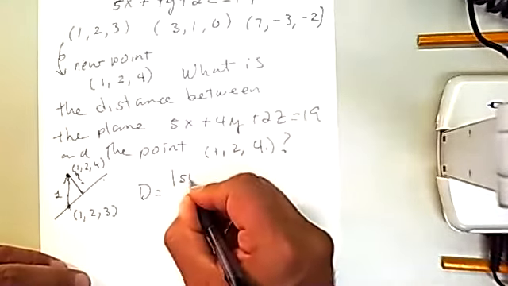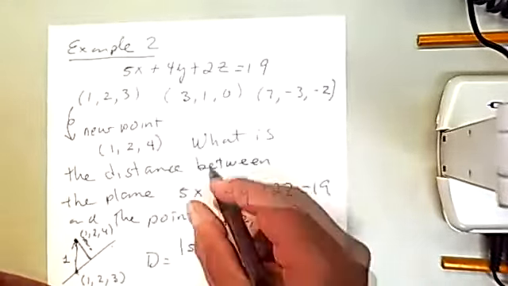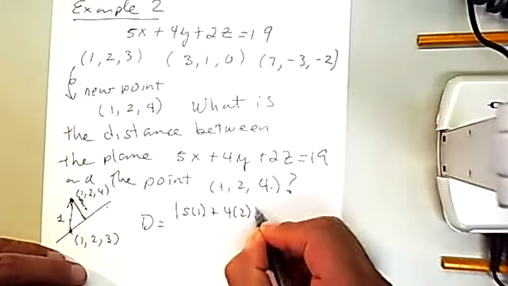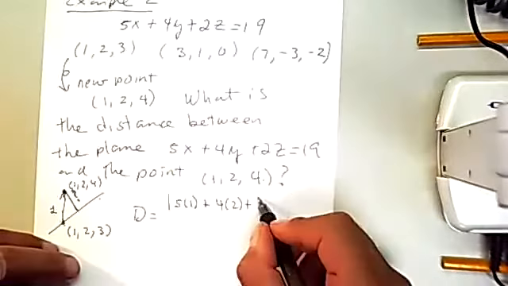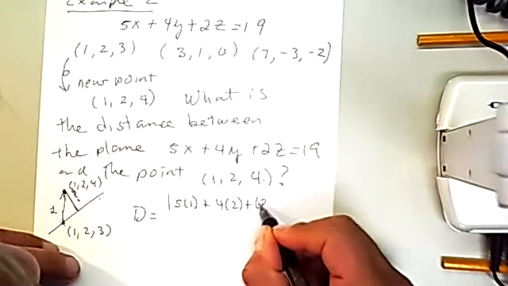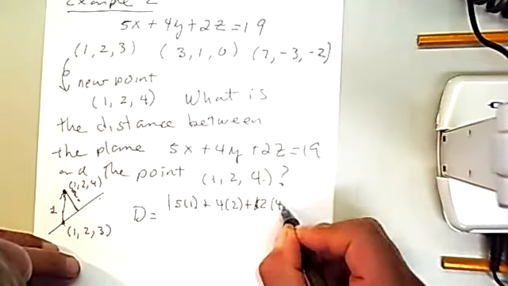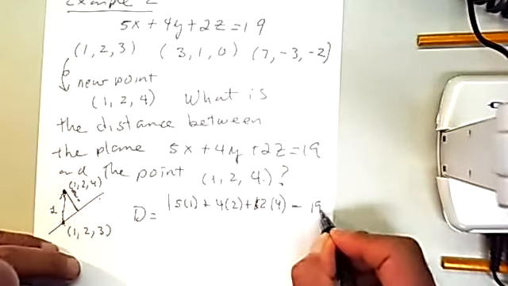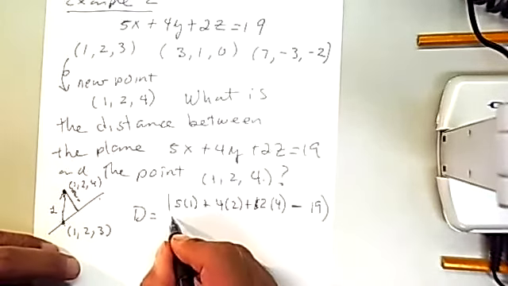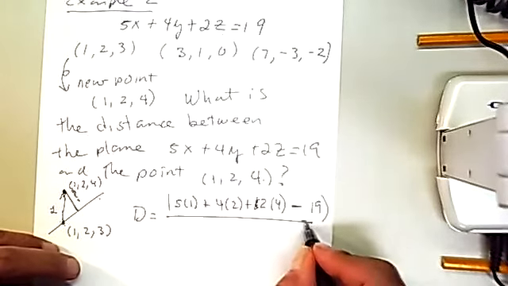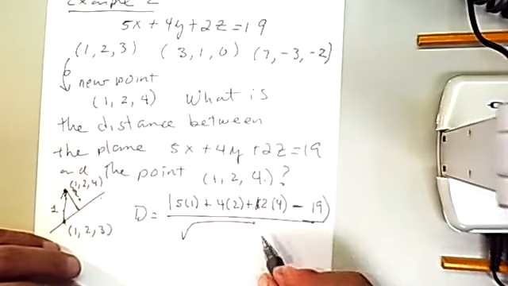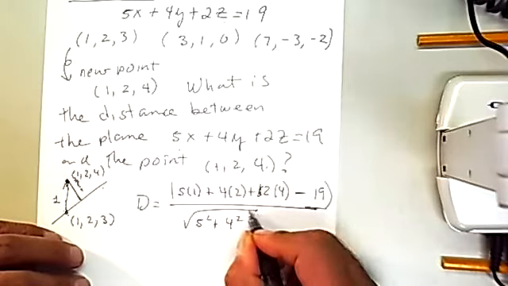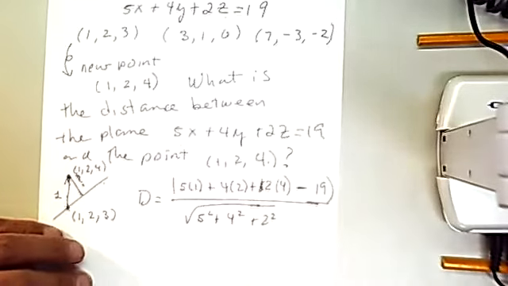So 5 times 1 plus 4 times 2 plus 2 times 4. Whoops, I want to be consistent, 2 times 4. Subtract 19, minus 19, and divide the whole thing by the square root of 5 squared plus 4 squared plus 2 squared.